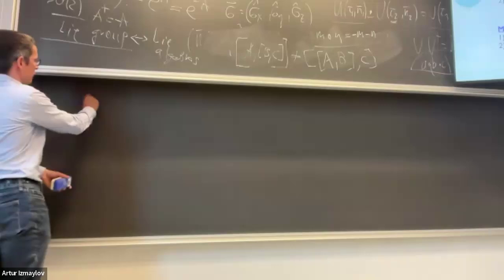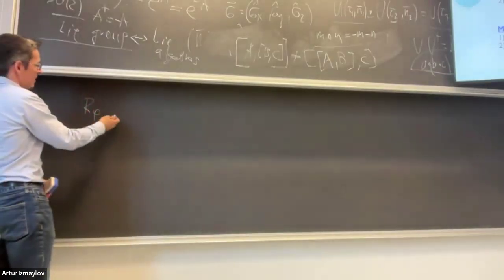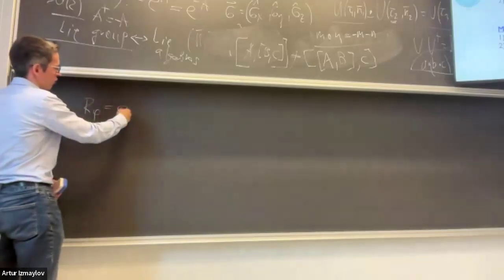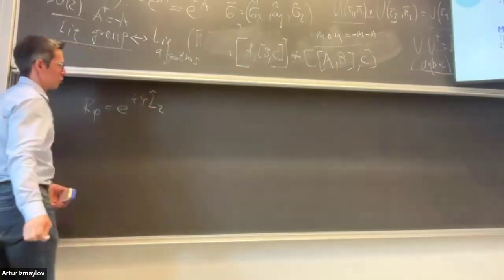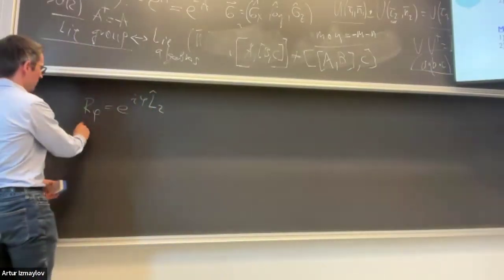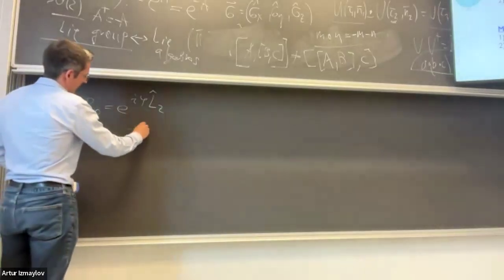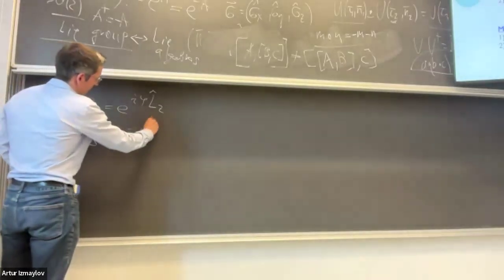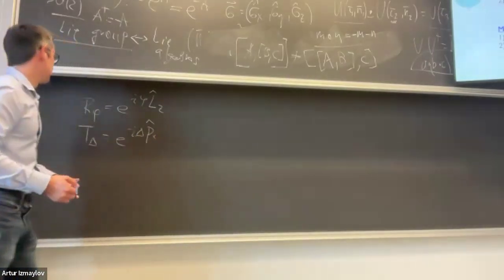So any rotation essentially by angle phi, let's say around the z-axis, will be the exponential function of i phi multiplied by angular momentum Lz, right? Or translation by delta will be the exponential of i delta times momentum along, let's say, the x coordinate, right?